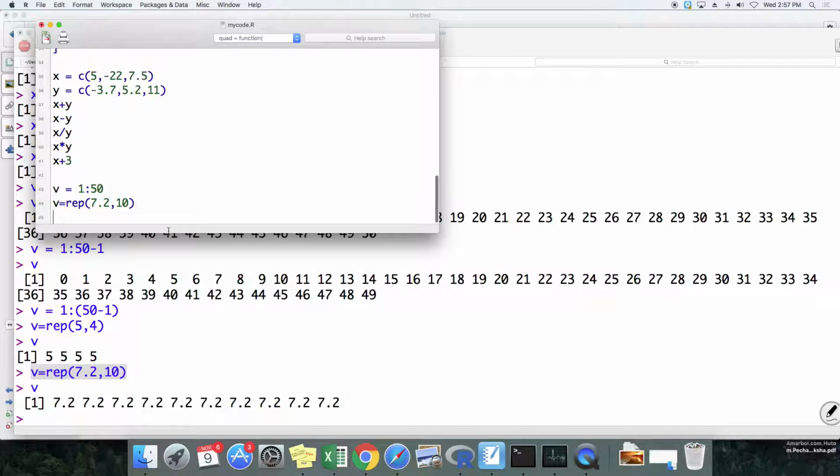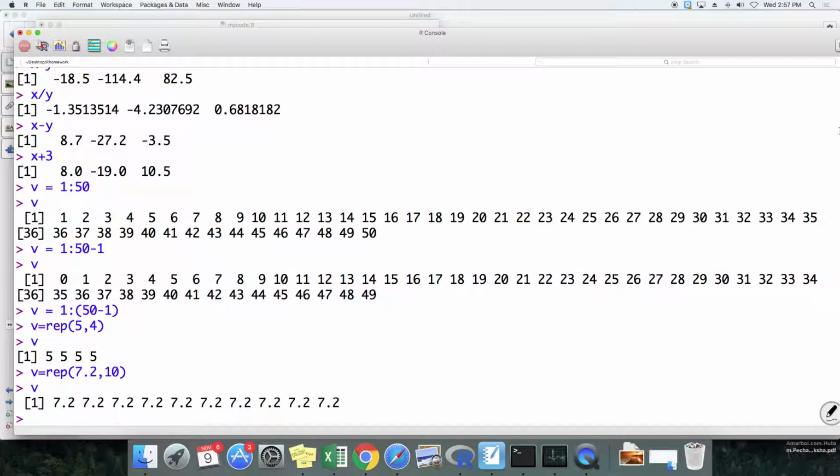Okay. Finally, most important is, suppose I write v equals seq, for sequence, from equal to 5, to equal to 10, by equal to 0.1.